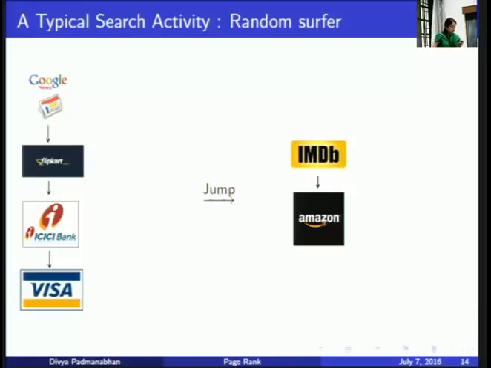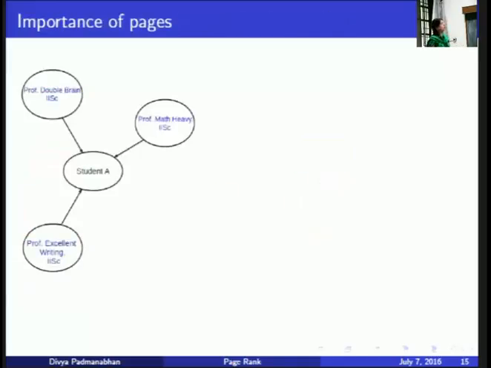Ideally you want to associate some number with each web page, and rank pages based on that. One idea for seeing the importance of pages is analogous to an example around us. Consider a student who is applying for PhD positions abroad. He gets recommendations from very reputed professors in well-known institutes like IISc, who are known for their work and excellent writing.